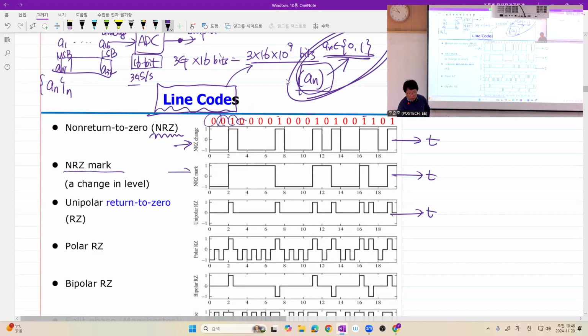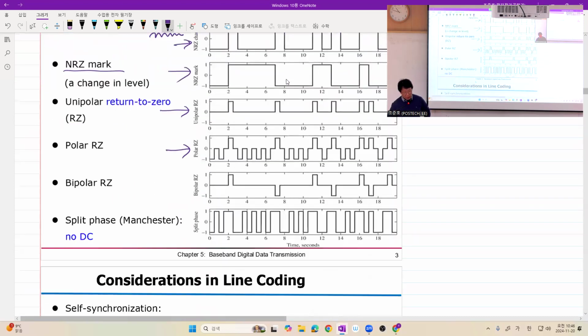Manchester mark converts differently. Unipolar return-to-zero converts differently. Polar return-to-zero converts it differently. And bipolar return-to-zero. And here goes the Manchester code. And there are many other line codes that encode this sequence of bits to a very simple waveform.